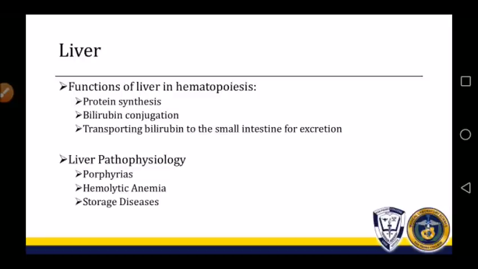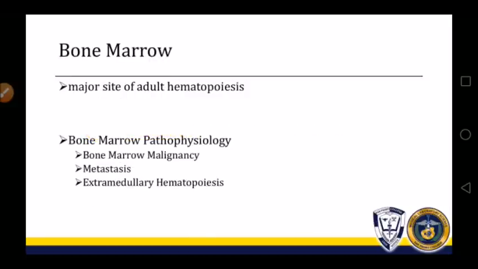Now, si bilirubin is the product of the breakdown of heme portion of the hemoglobin. Bilirubin should be conjugated in order for it to be properly excreted. So, bilirubin conjugation is the function of the liver. Next function of the liver is that it transports bilirubin to the small intestine for excretion.